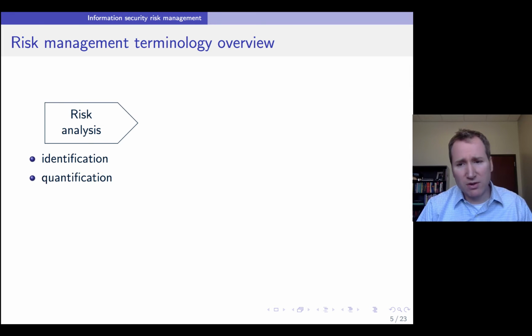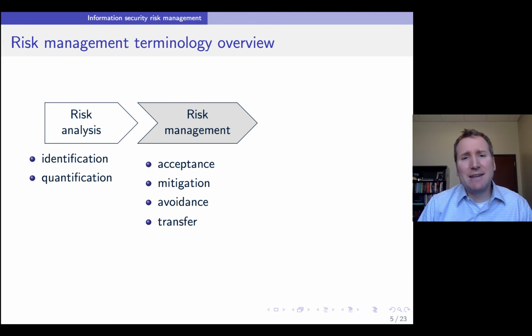So you do that first, ideally collecting some data on what the risks are and their likelihood and impact, and then you go into the risk management phase, which is the heart of the approach, where you then either accept, mitigate, avoid, or transfer your risks, usually a combination of those.